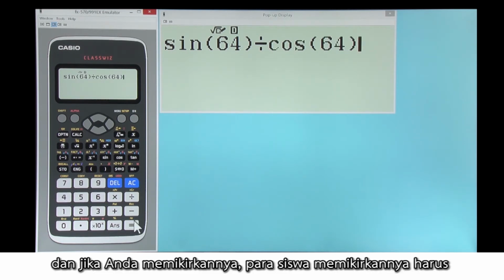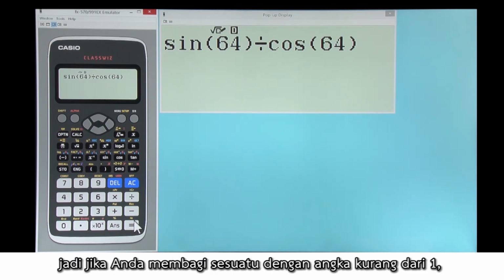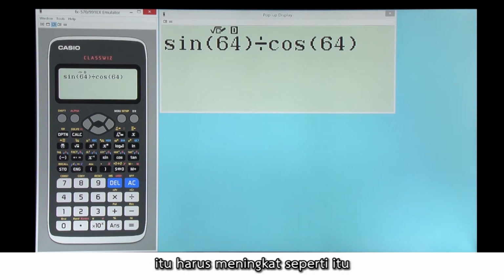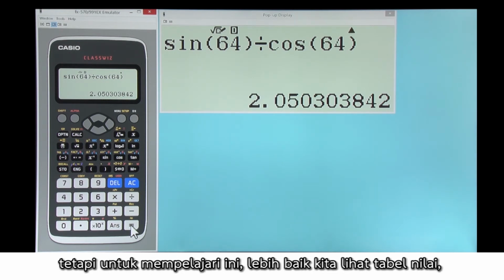Students should think the cosine of 64 is less than 1. So if you divide something by a number less than 1, it should increase, as indeed it does. So the result is larger than 1, which is larger than the values a sine could possibly be. But to study this better, let's look at a table of values.